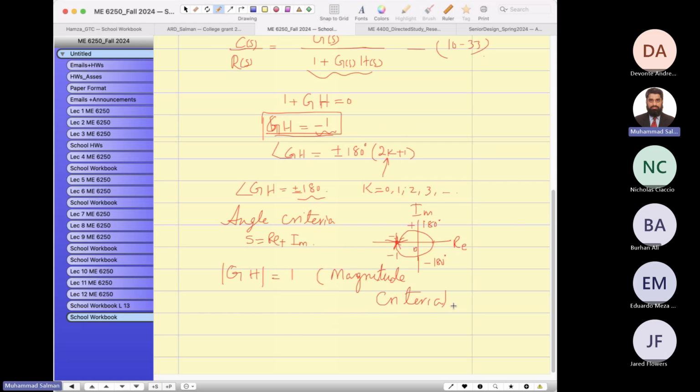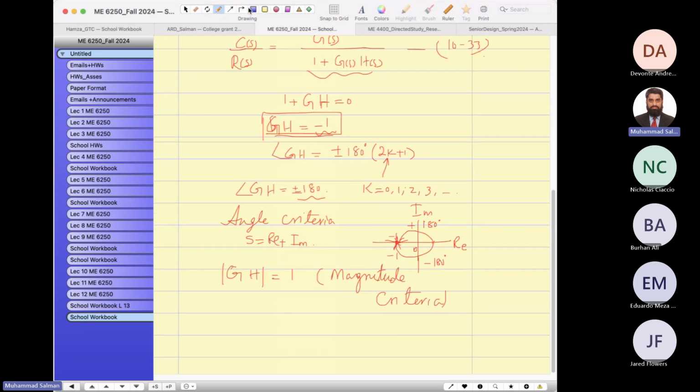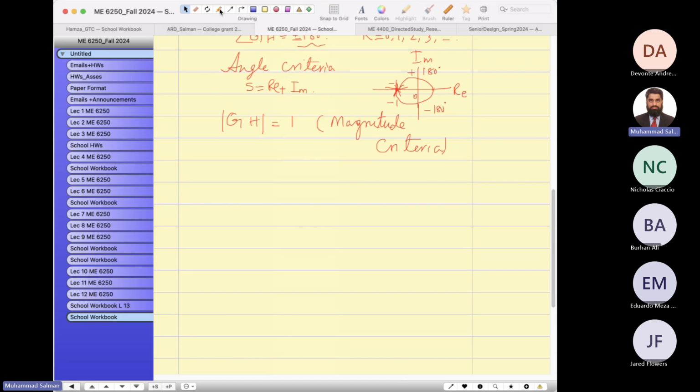Suppose I write down this equation in the form of what we call poles and zeros. The poles and zeros are certain terms. Like if you have K, a transfer function, I would say numerator and denominator.